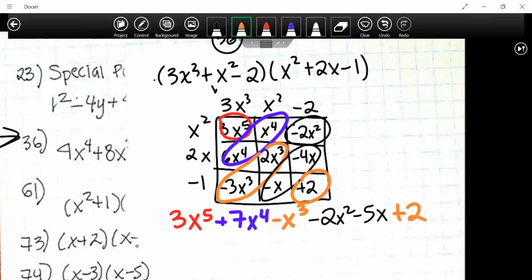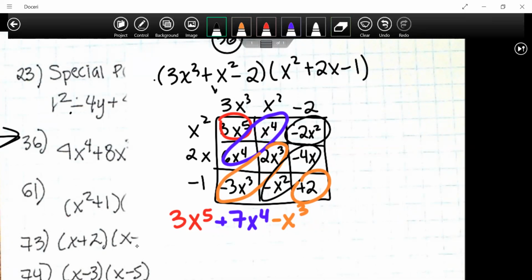Yes. Shouldn't it be negative x squared times negative 1x? Yes, it should be. Epic fail right now. It's all right. X to the third is okay.